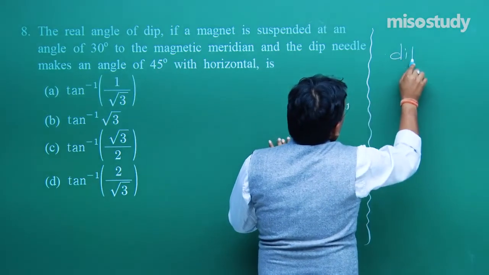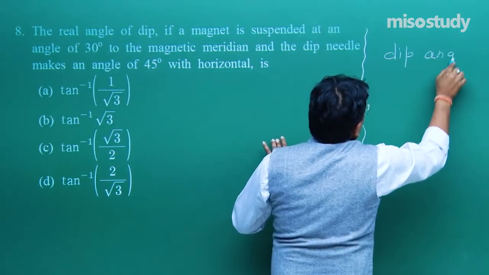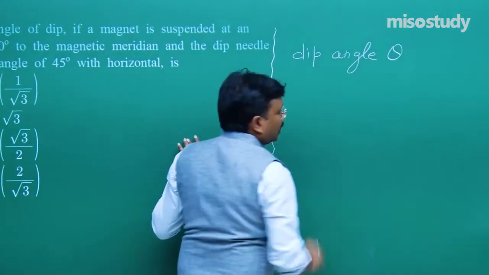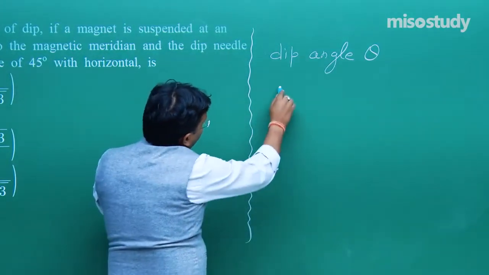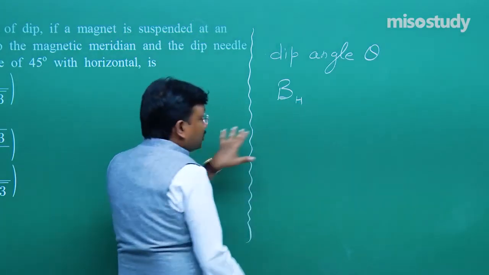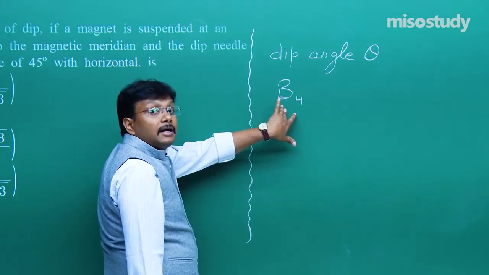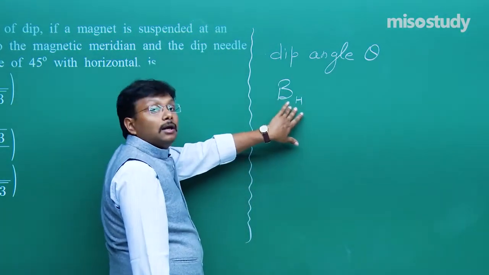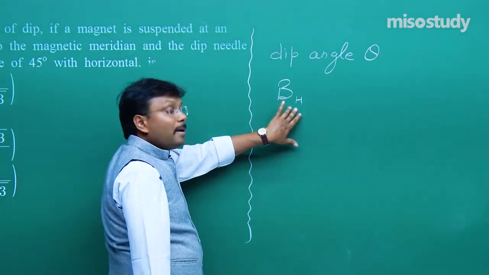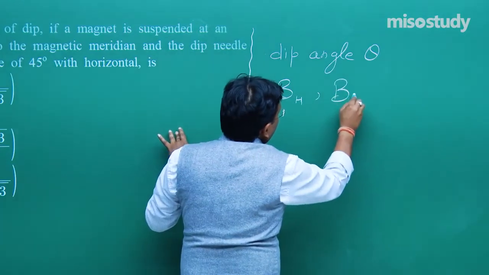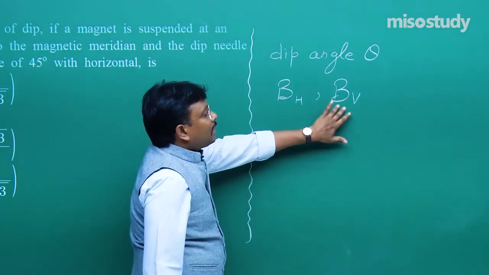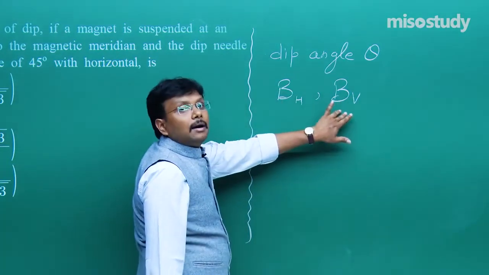Dip angle theta, let's say. Then BH, what is this? Earth's magnetic field horizontal component, and BV, Earth's magnetic field vertical component.